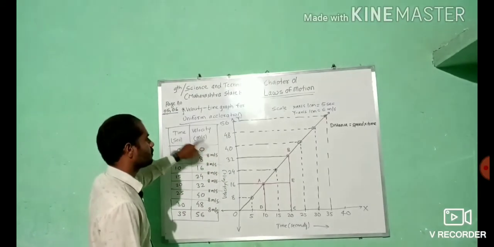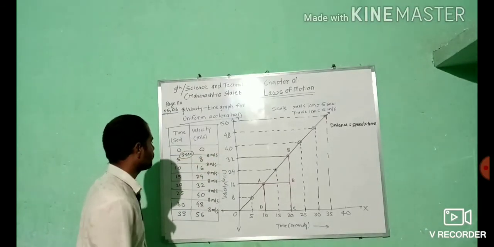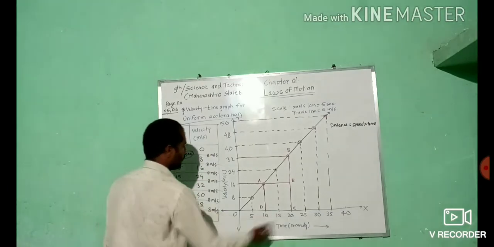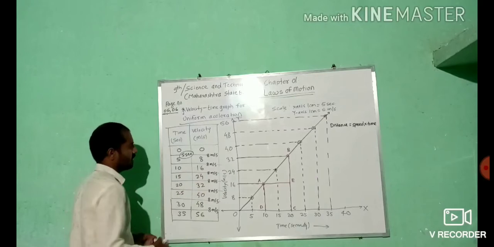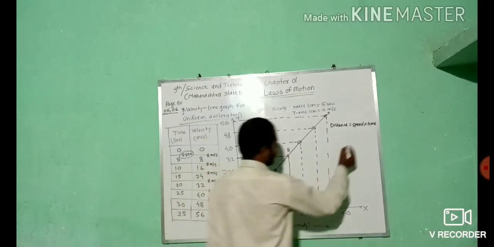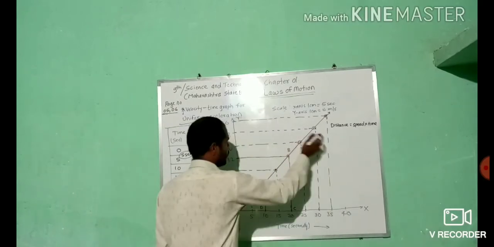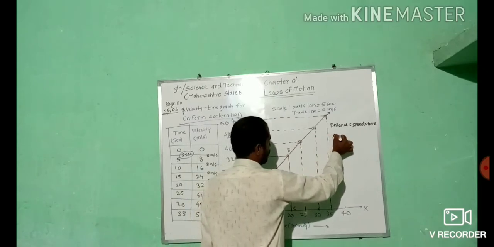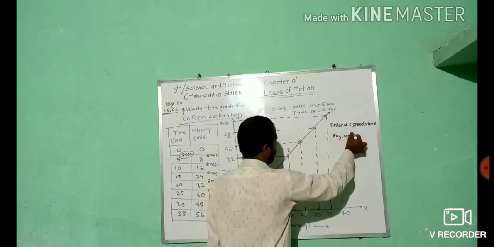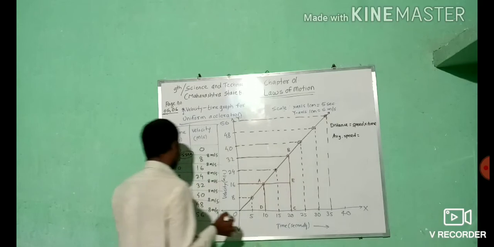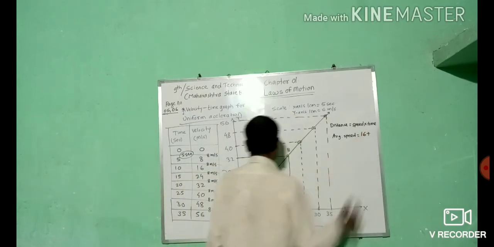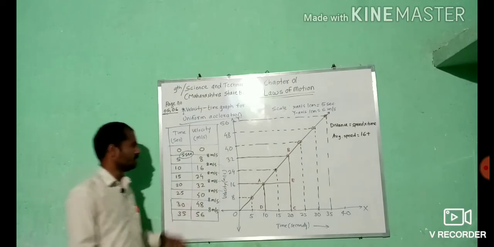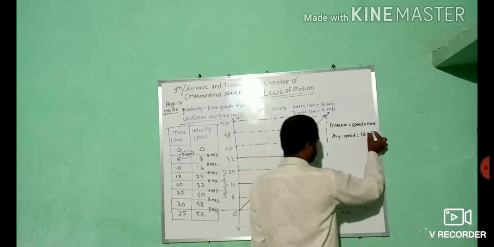Okay, so what is the speed here? For the 10 to 20 second, you need to find out the average speed here first. Average speed: at 10 second it is 16, then at 20 second it is 32.